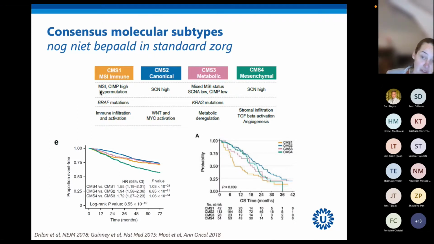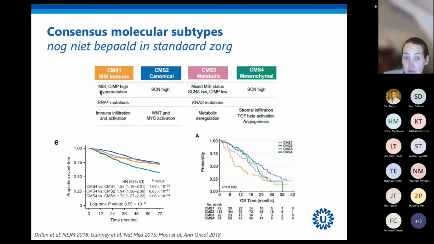Depending on the data set evaluated, either the CMS1 patients will have the poorest prognosis, or the CMS4 patients will have the poorest prognosis. And sometimes the CMS3 patients have the poorest prognosis. So that really depends on which article, which population, which stage of disease you look at.